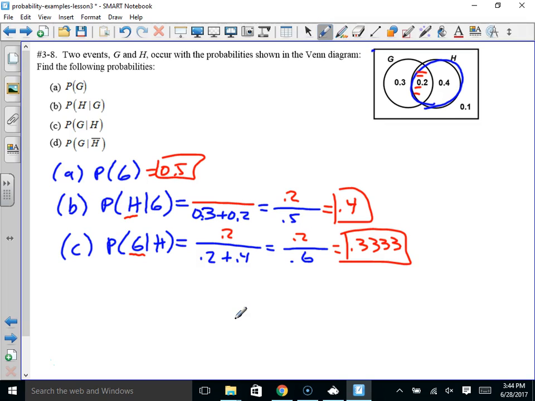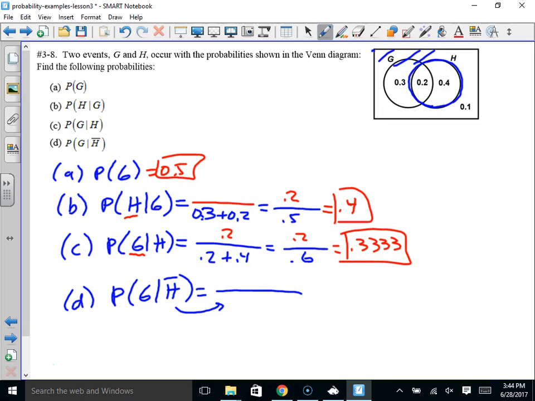Okay, and the last one here, it says, what's the probability that G occurs given that H does not occur? That line over the H means the complement, or everything other than H. Okay, so that means a conditional probability again, and this has to represent all the things that are not H. So what I'm going to do is draw a circle around H, but it's really everything outside of the H. This is the conditional sample space, which consists of that 0.3 there, plus this 0.1.